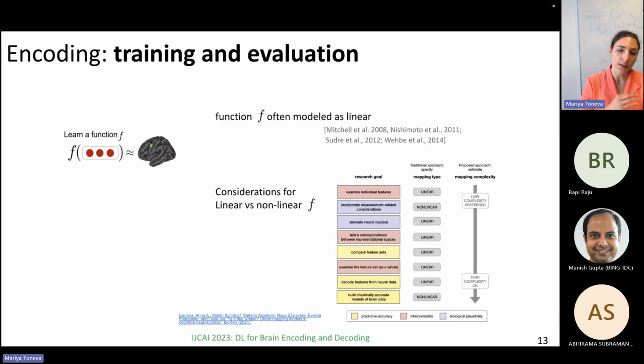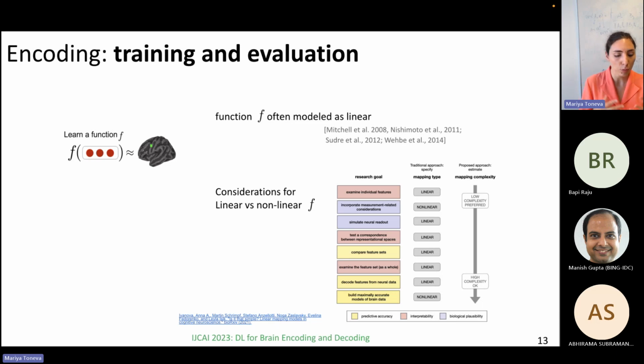Instead, the different desiderata can refer to multiple research goals, and each one of those imposes its own constraints on the encoding model. And so they argue that one should choose a linear or nonlinear model that's specific to the research question that the person is investigating.